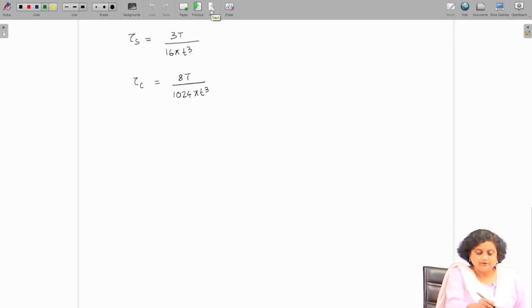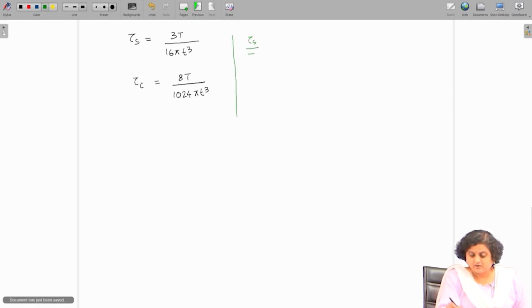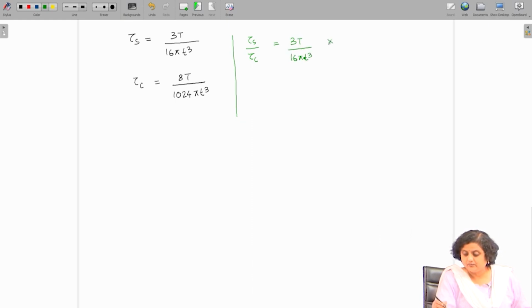So, now if we find out the ratio of tau s by tau c, that is going to be 3T by 16 pi t cube into 128 pi t cube by T. If you calculate, this ratio ends up with 192.